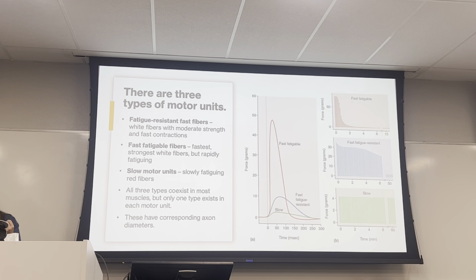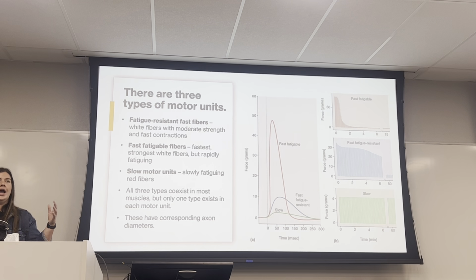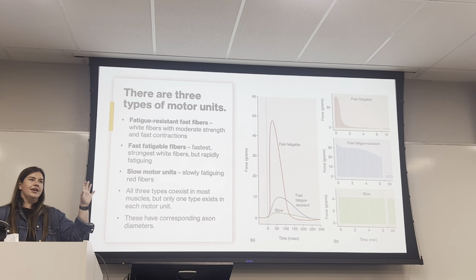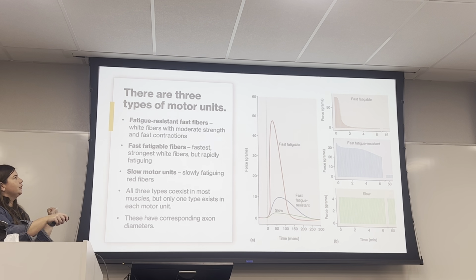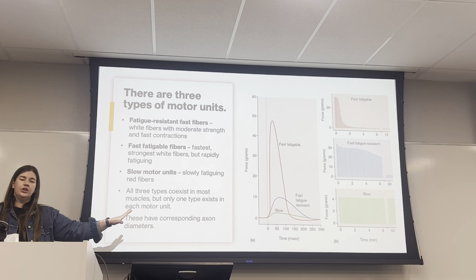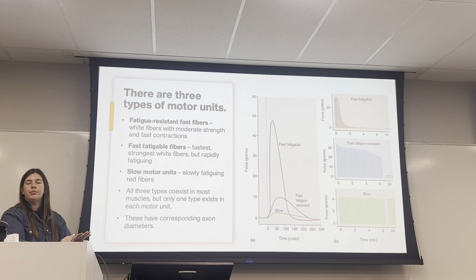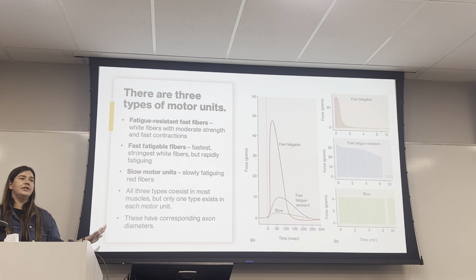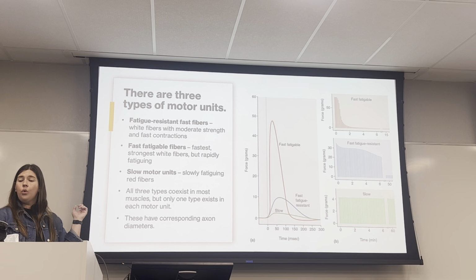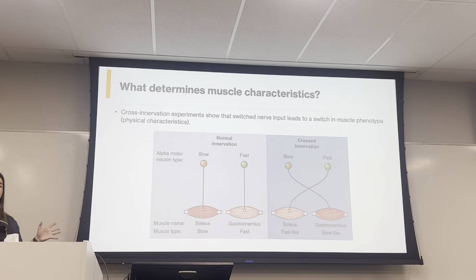Additionally, perhaps they're both encoded to be that way. Fast muscle fibers are genetically encoded to operate that way. Fast neurons are genetically encoded to operate that way. And somehow during development, the two meet up. Right? And so that's the question that this experiment was trying to answer: what determines muscle characteristics?